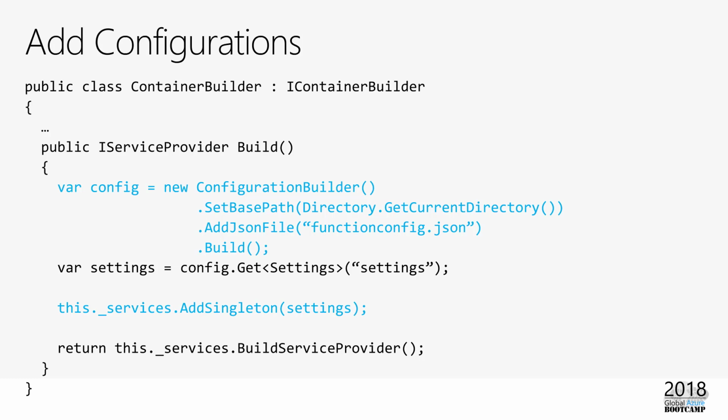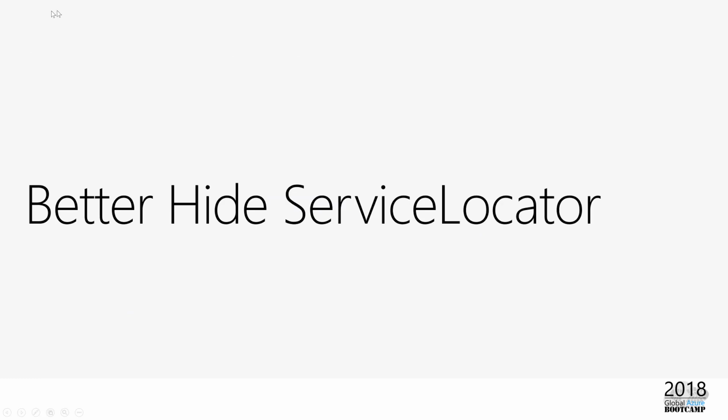But as we see in the function method, we are using the service locator pattern here, which is basically an anti-pattern. Why is it an anti-pattern? Because it doesn't show its intentions.